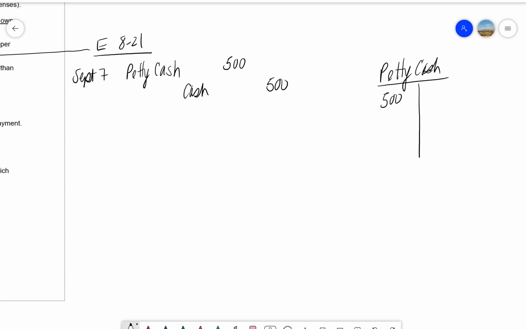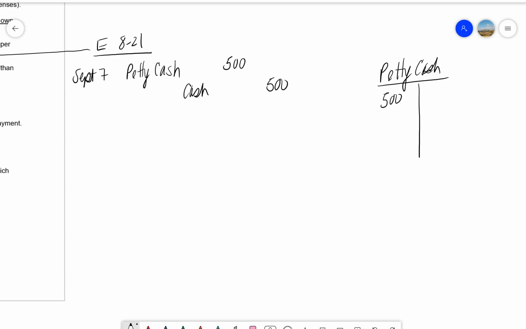So when you read the first sentence in E8-21, it says, Maritime Distributors created a $500 imprest petty cash fund. All that means is that we're going to leave petty cash at this fixed amount of $500. We're not going to touch it again until we actually want to decrease that amount or increase it to an amount other than 500.